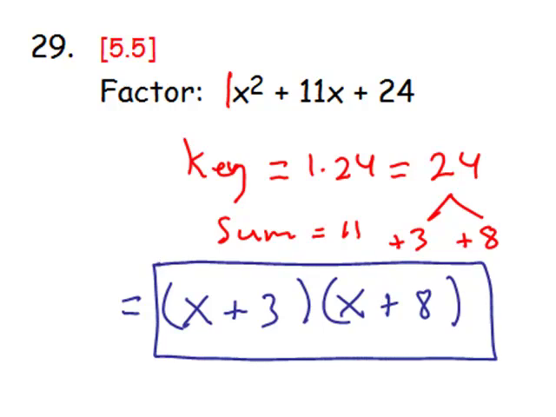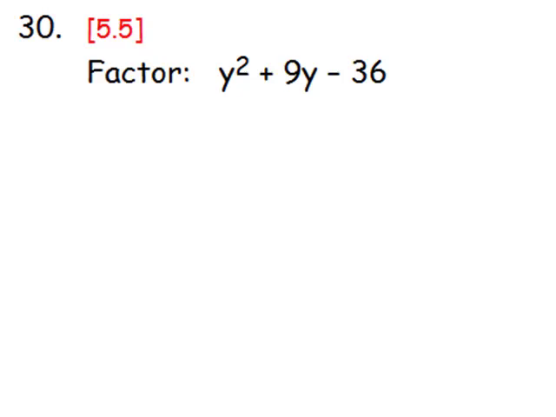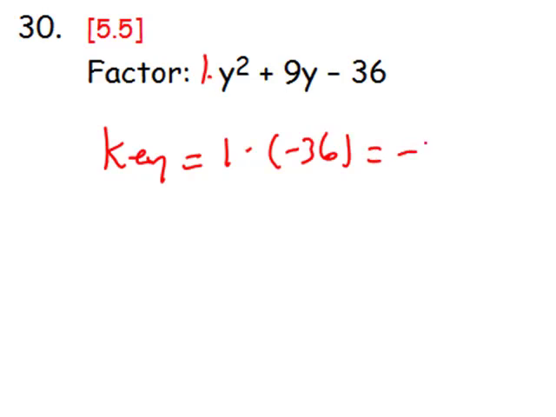Number 30, same idea. This is 1 times. So the key number is 1 times negative 36, which is negative 36. And the sum number is positive 9.